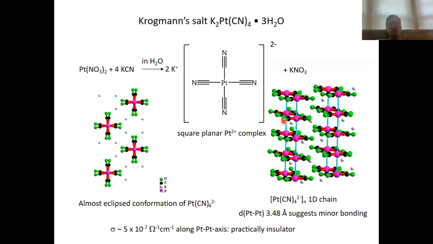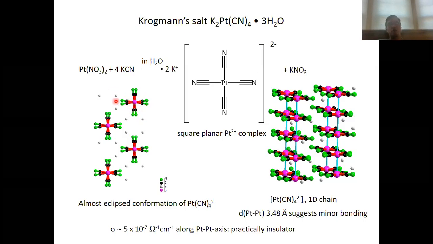You see that the platinum atoms are stacked in one dimension, whereas the PtCN4 units are oriented in a near eclipsed fashion along a chain. So it's not ideally eclipsed, but the bond angle is very small, so it's almost eclipsed.